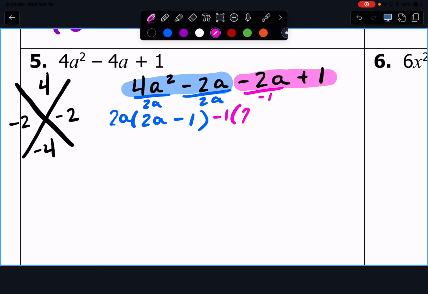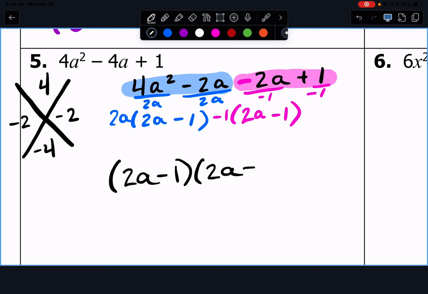How's that negative 1? Because it starts with a negative, so I've got to pull out a negative. And then the only thing that can go into 2 and 1 is just 1. So we get 2a. 1 divided by negative 1 is? Negative 1. What is the same? What is left over? 2a minus.